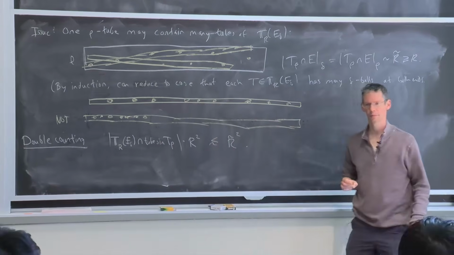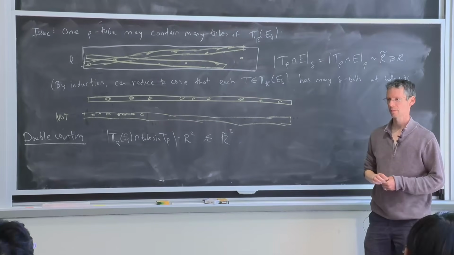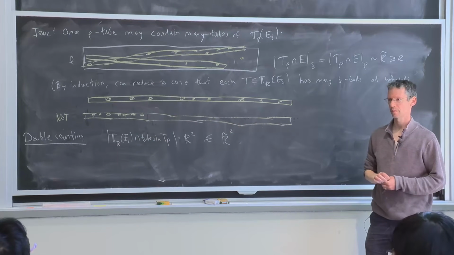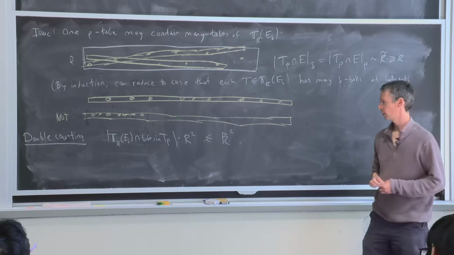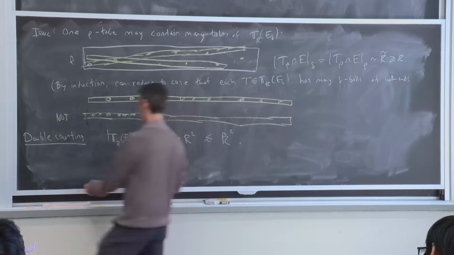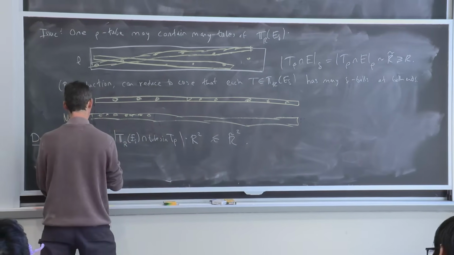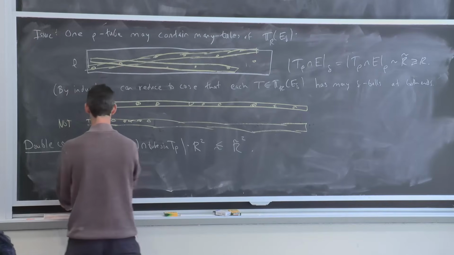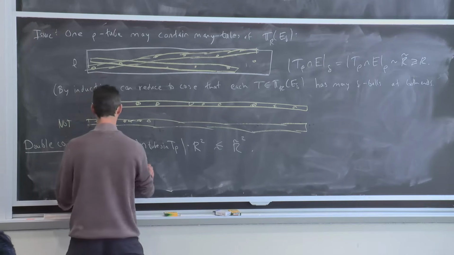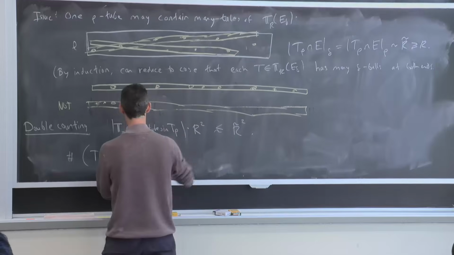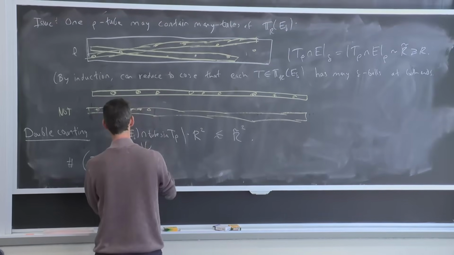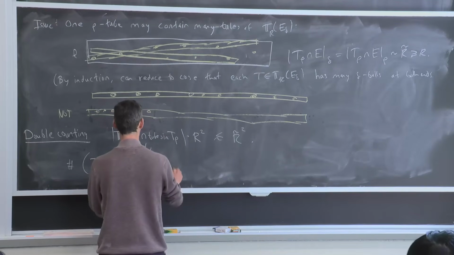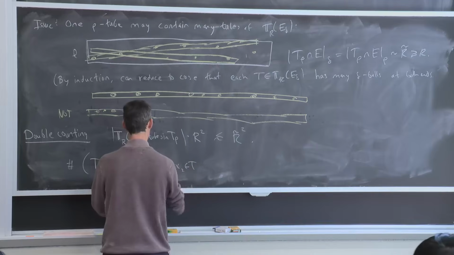Double count. We're counting pairs (T, x1, x2), where T is in this set, and x1 and x2 are in T, and they're near opposite ends.